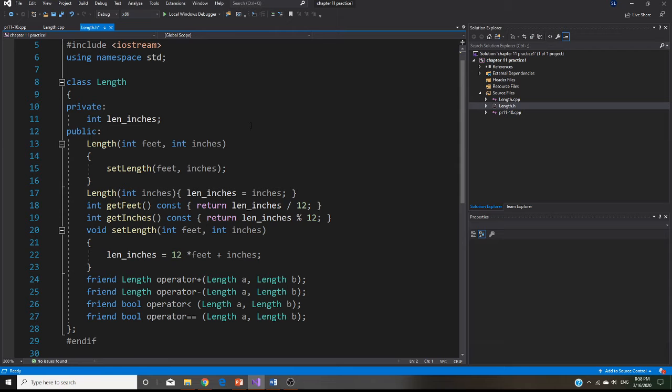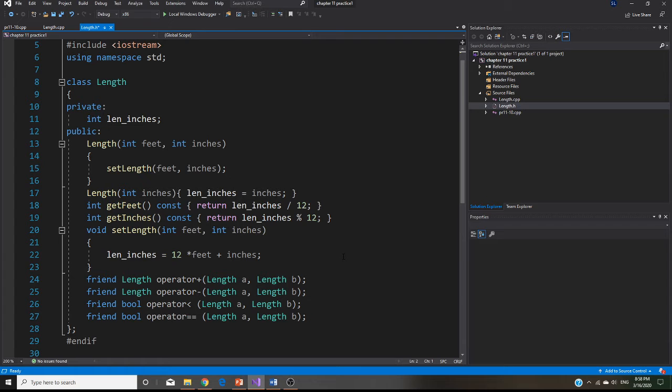So my measurement for the length is not just one thing. There are two things: how many feet and how many inches. Once we have feet and inches, we are going to convert them. Feet is divided by 12, and the inches are mod by 12, and the rest of them will be inches. Set length and set width.